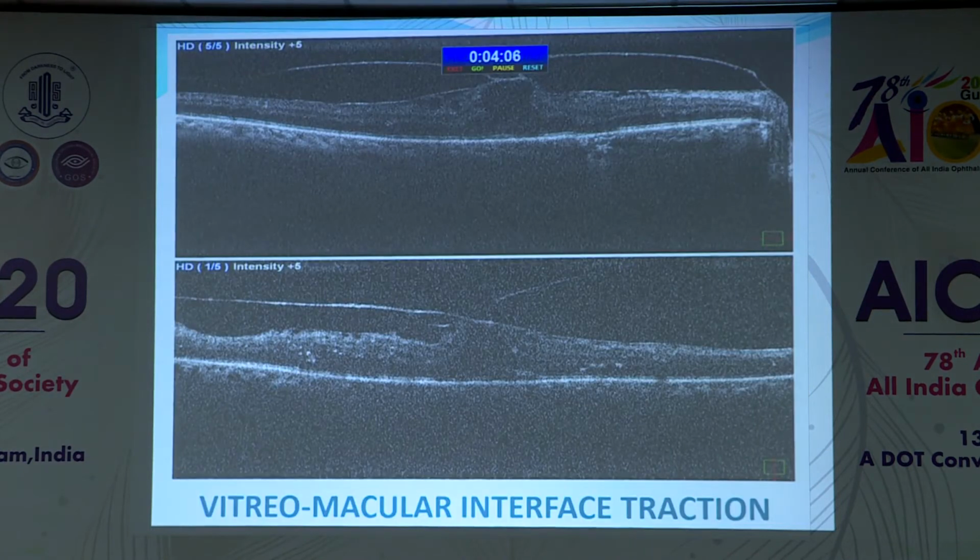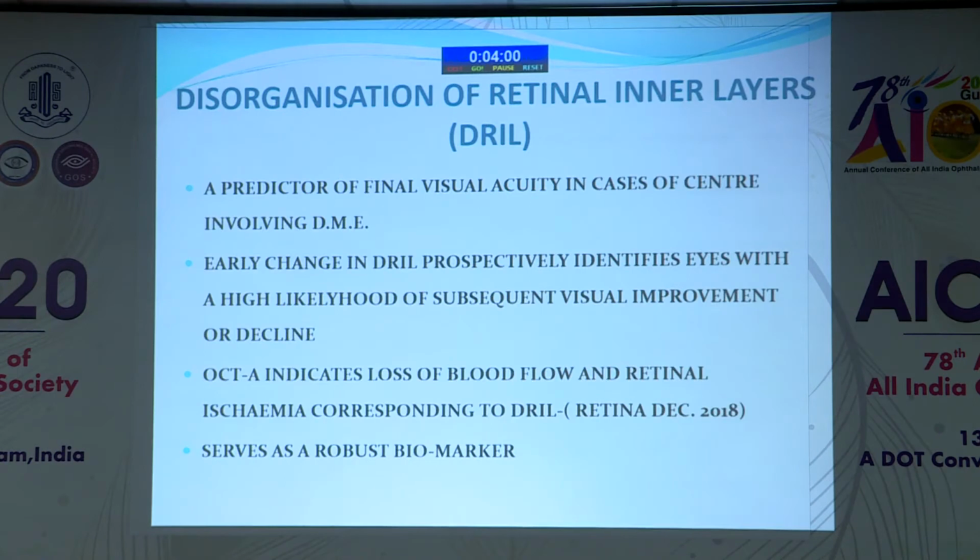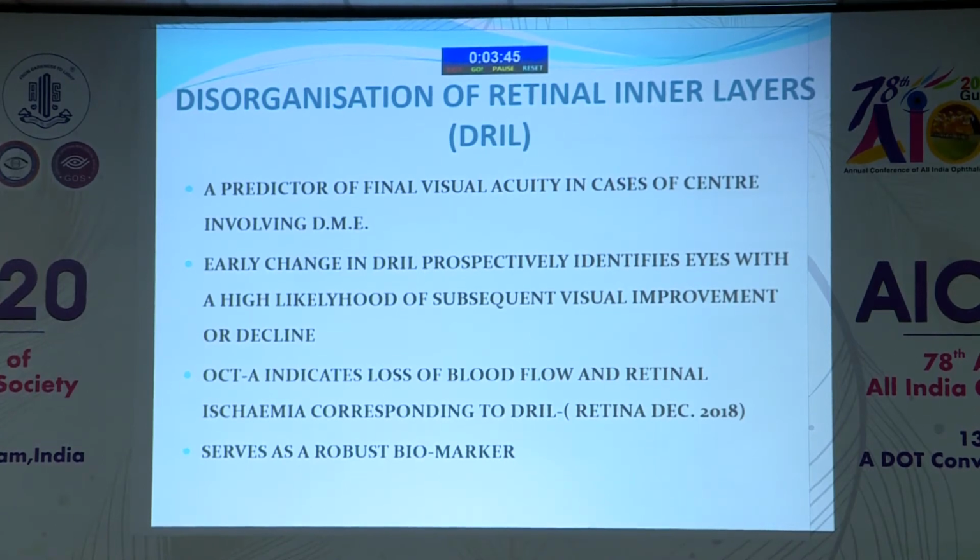Now here is another case with significant vitreoretinal traction, and the DRIL. Now this is a predictor of the final visual acuity in cases of CI-DME. The early change prospectively identifies the eyes with high likelihood of subsequent visual improvement or decline.